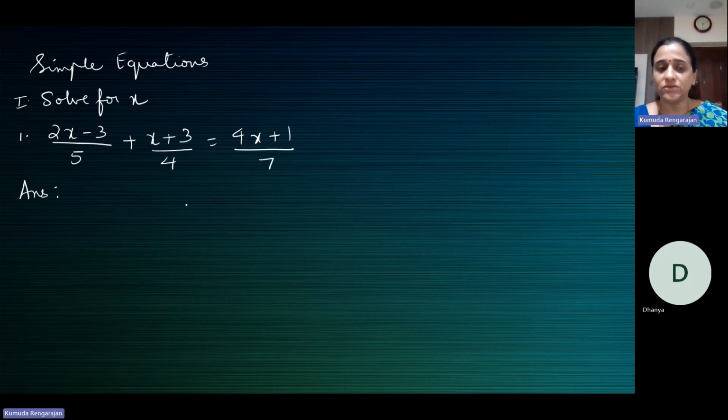So here we have an equation and we need to find the value of x. We have understood how to solve for x using two methods. We'll do the first one now. Write out the given equation.